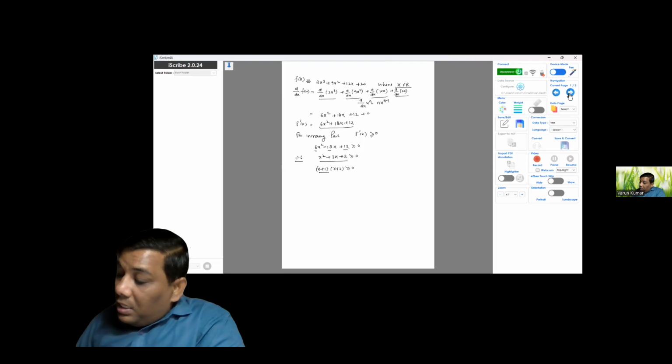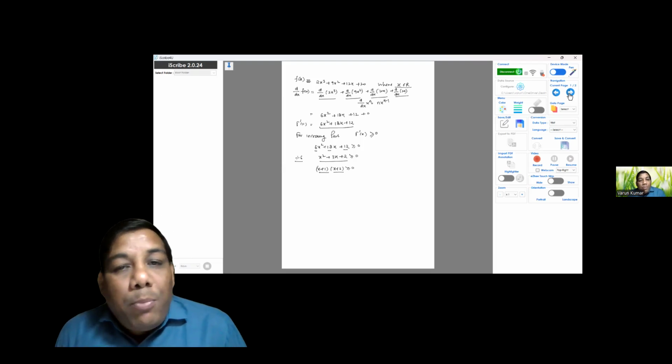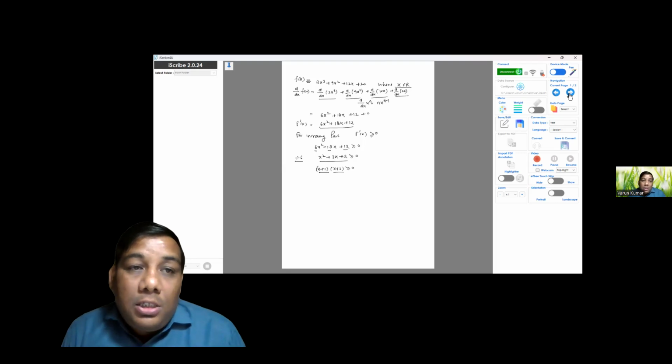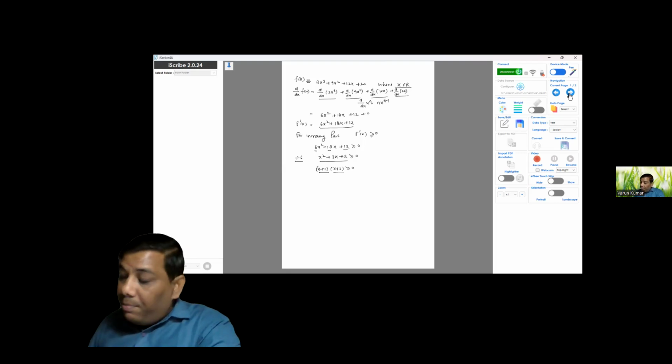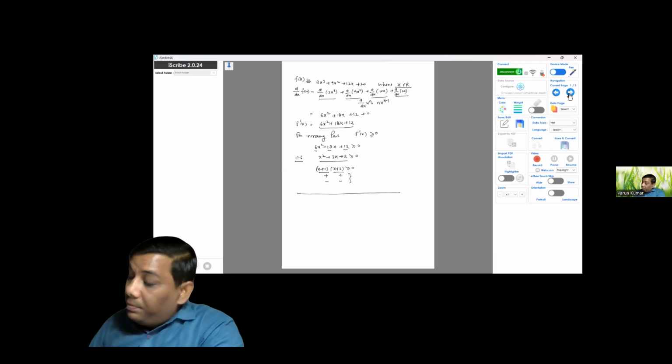Now these are two different factors, and we want the sign of the product. The product is positive if both factors are positive or both are negative. So we can use this, or we can use the wavy curve method. What is the wavy curve method?